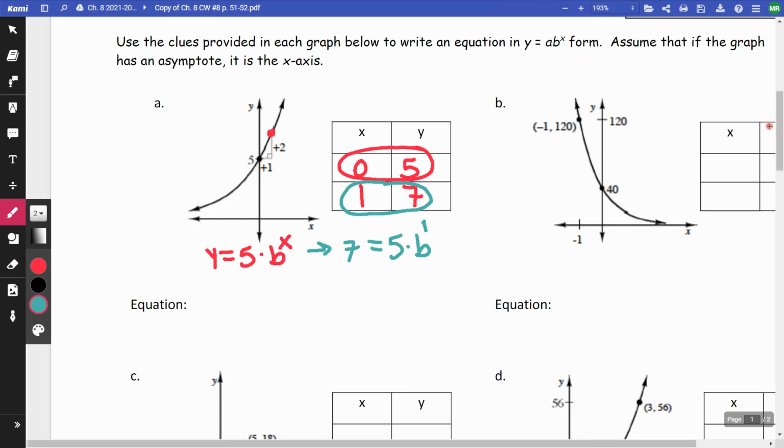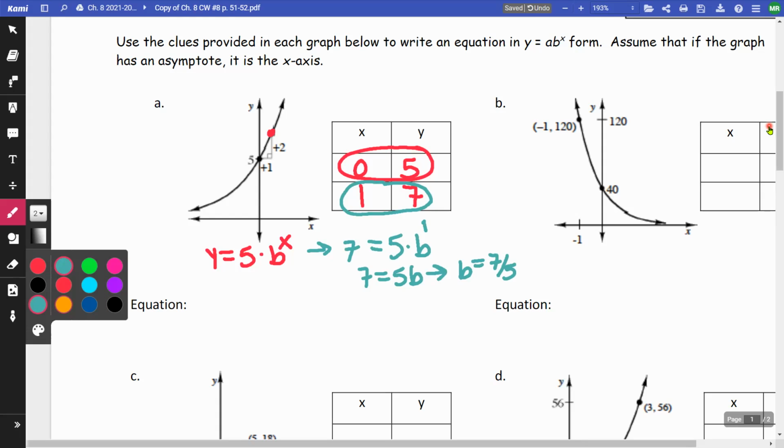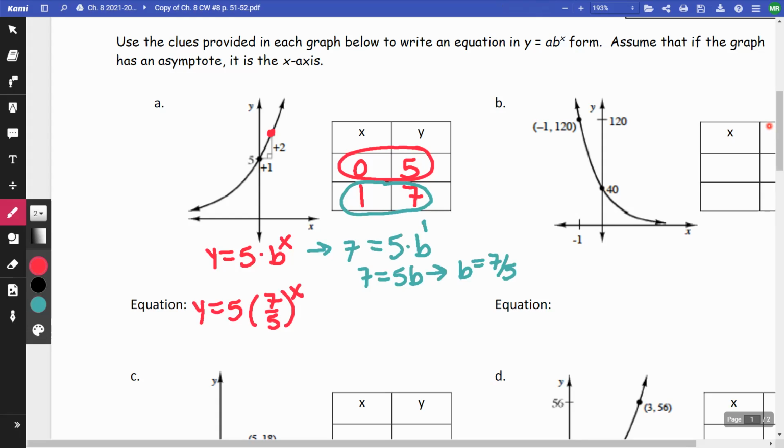Now b to the first is just b, so this is going to be 7 is equal to 5b. So when I work that out, my b is going to be 7/5. So my equation is going to be y equal 5 times 7/5 to the power x. And that's the equation.